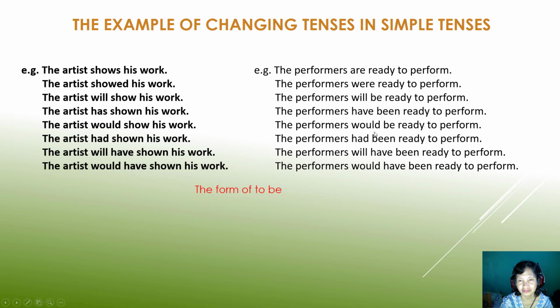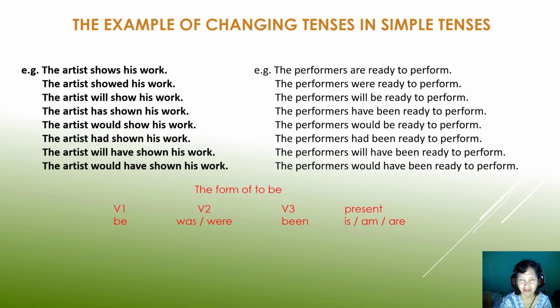Because you know that this is simple present, it needs verb 1. But to be, if it is verb 1, the sentence will become: the performers be ready. No, this is wrong. That's why to be has different form from the other verbs.